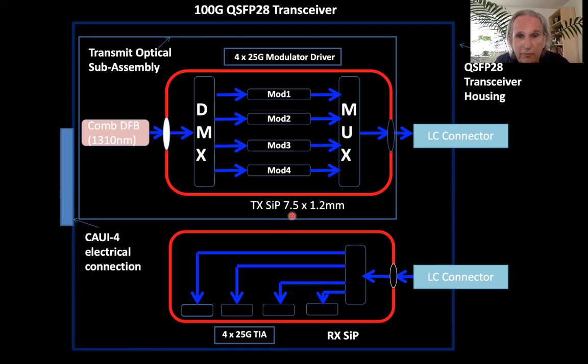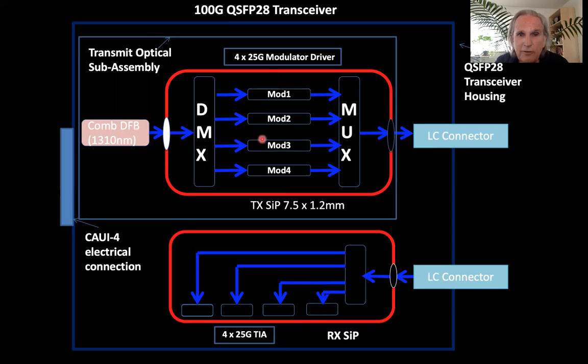There's a SIP chip over here that's 7.5 by 1.2 millimeters. It's pretty small. It has connectors going to a laser package. Here we did have de-muxers and muxers. We split out a comb into 4 different channels, and we put them together into a connector, which then goes out into a fiber. Over here, we have 4 detectors.